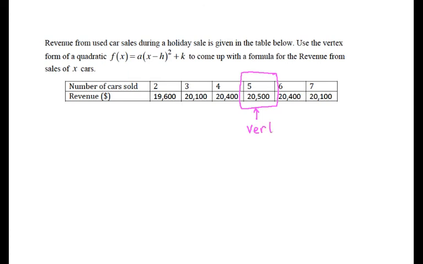As I go to the left and the right of this vertex, I see the same numbers as I step the same number of steps in each direction. So all of those are clues that this is the vertex. Again, I now have y equals a times x minus 5 squared plus 20,500.